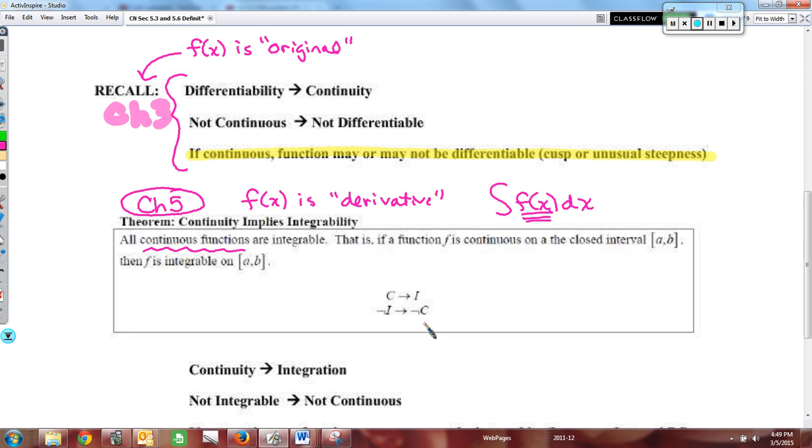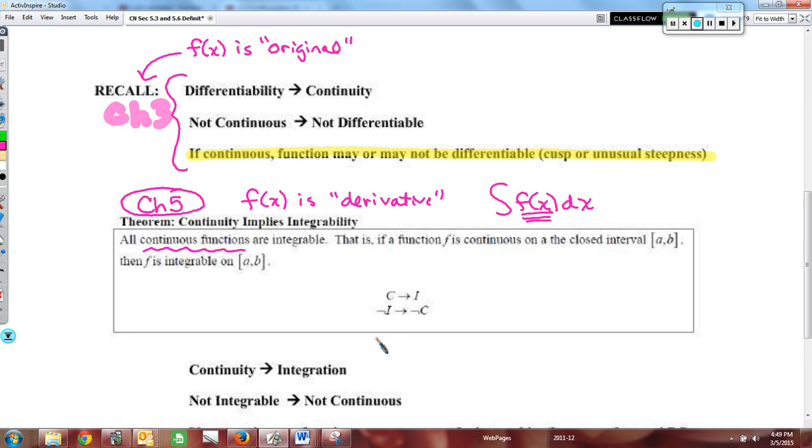Let's say it this way: if you know you can't integrate it, then you know it can't be continuous. If there isn't an antiderivative, or you're having problems on this interval finding an antiderivative at each point, then there must have been a problem.